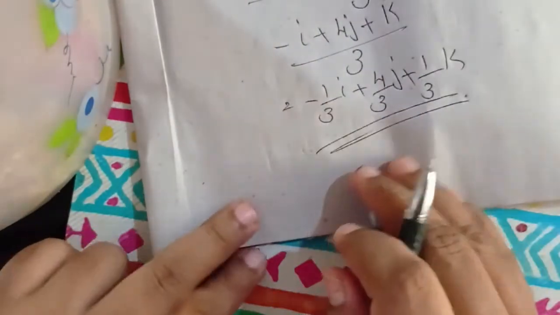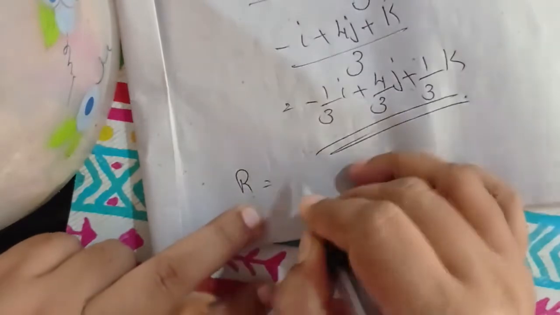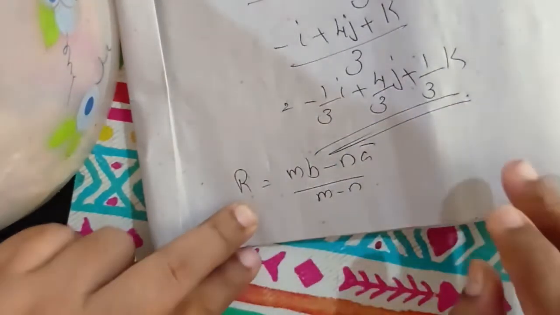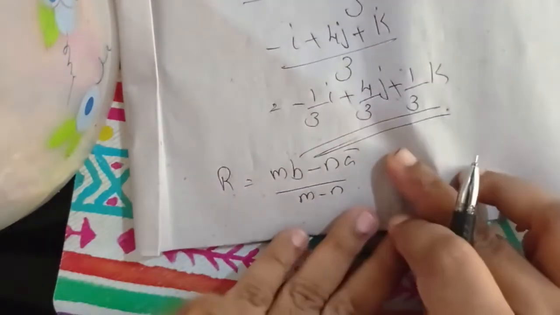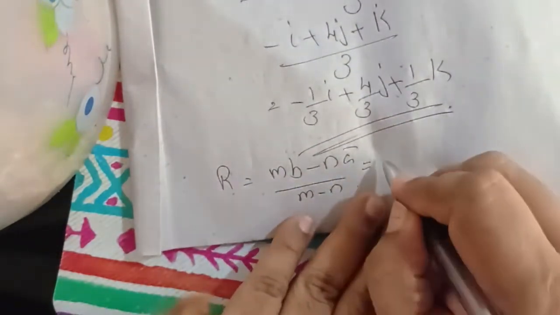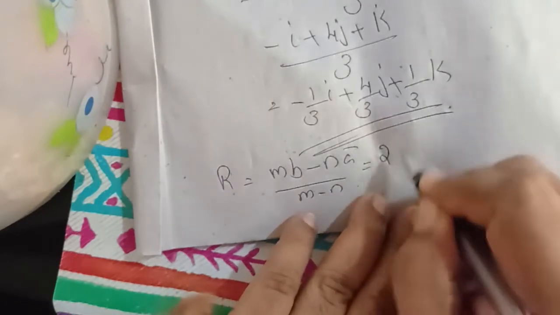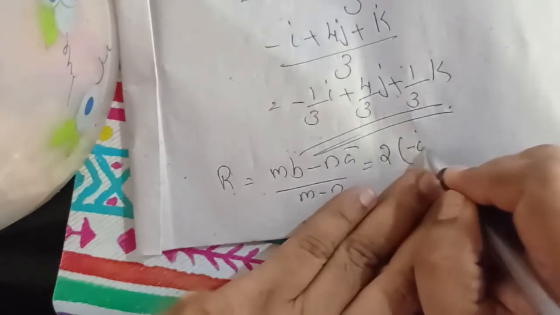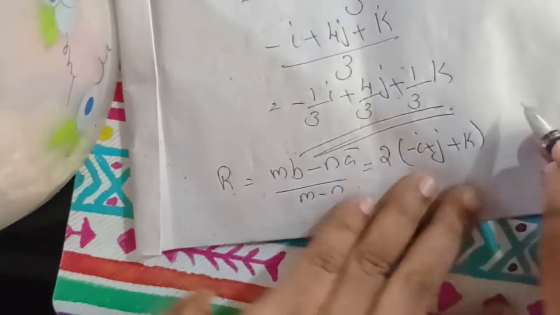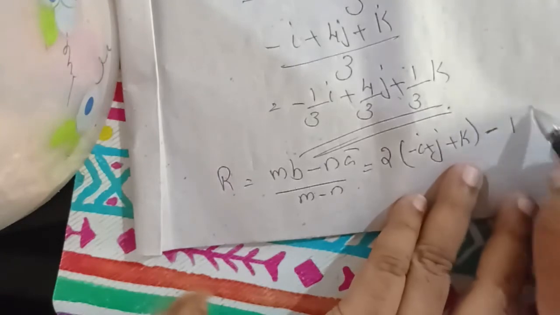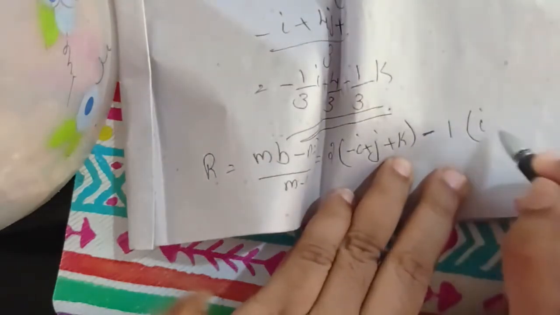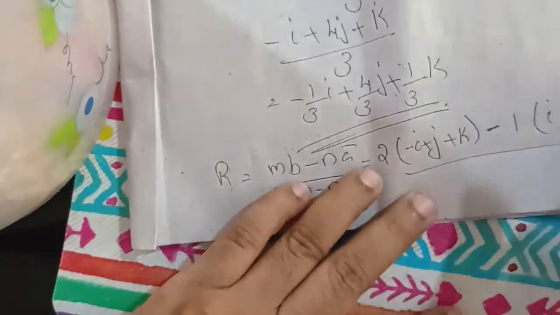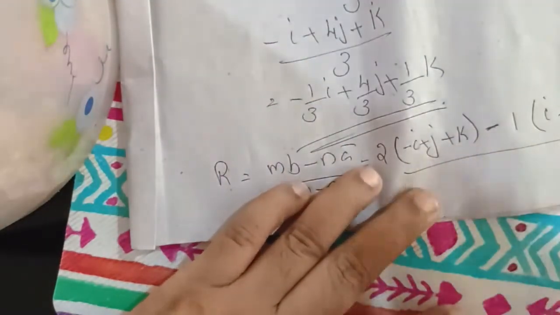Then how can you write the external division R? What's the formula? mb minus na by m minus n. Same procedure. m into b means 2 into b, minus 1 into a: 2 into (minus i plus j plus k), minus 1 into (i plus 2j minus k), by, what is the answer? 2 minus 1.